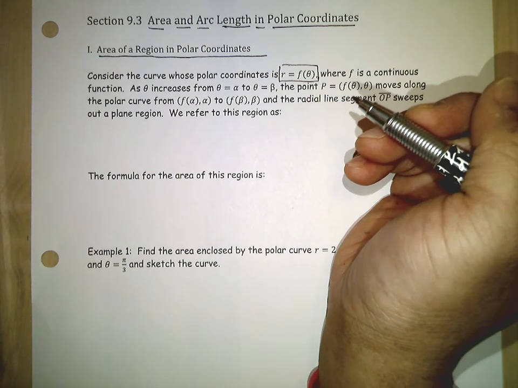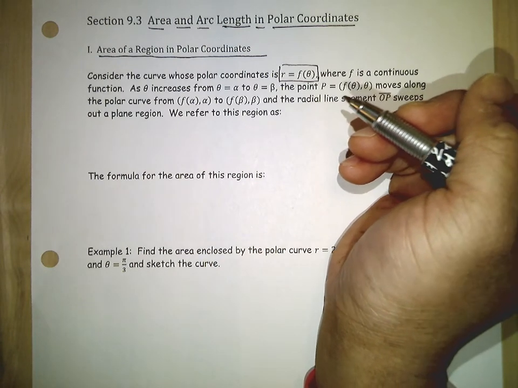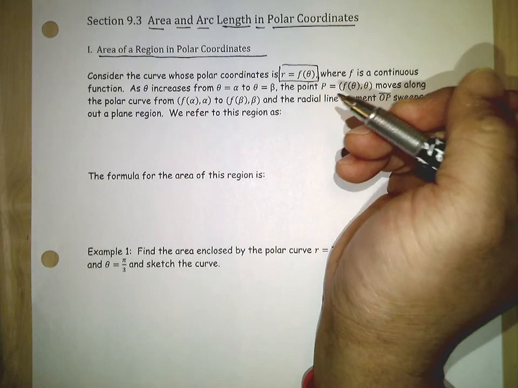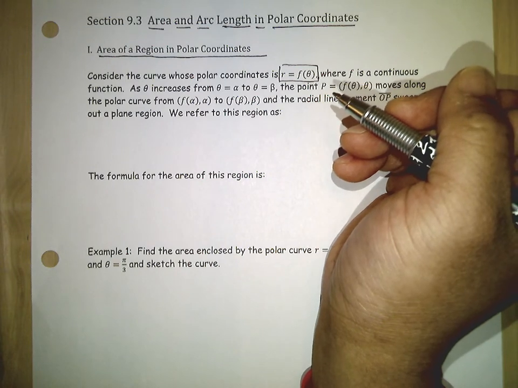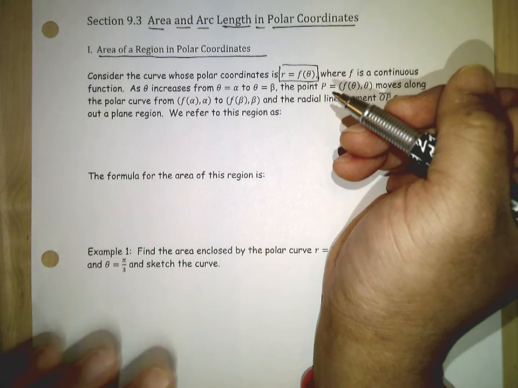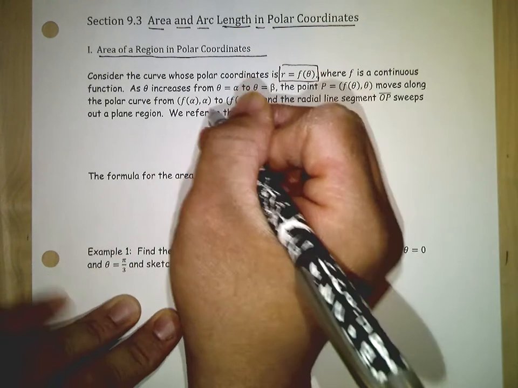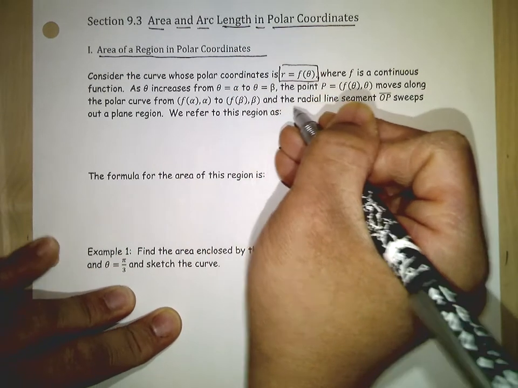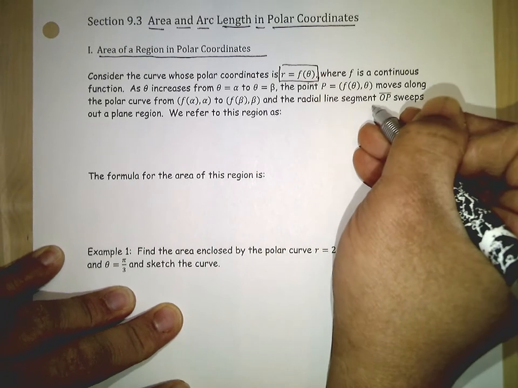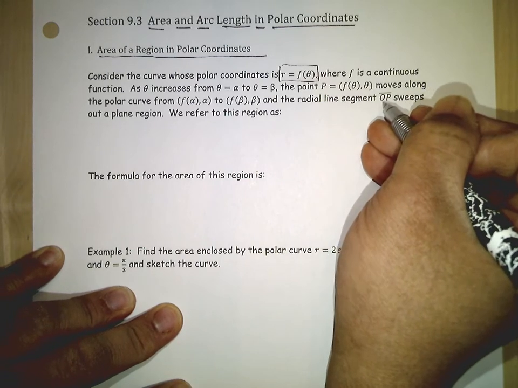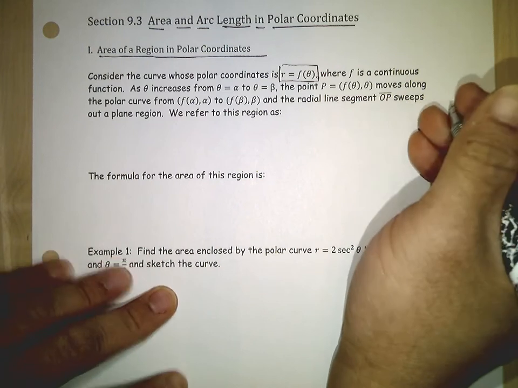as theta increases from theta equals alpha to theta equals beta, the point P equals (f of theta, theta) moves along the polar curve from (f of alpha, alpha) to (f of beta, beta), and the radial line segment OP, from the pole over to the point P, sweeps out a plane region.